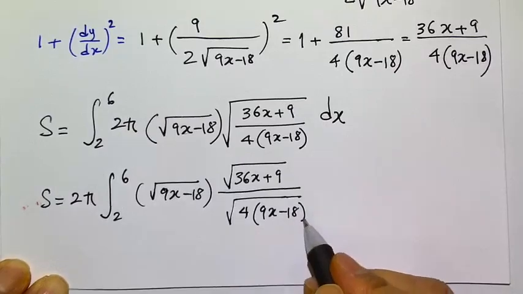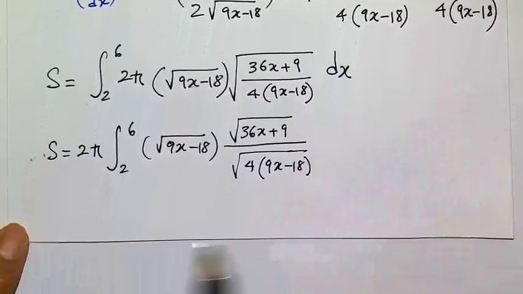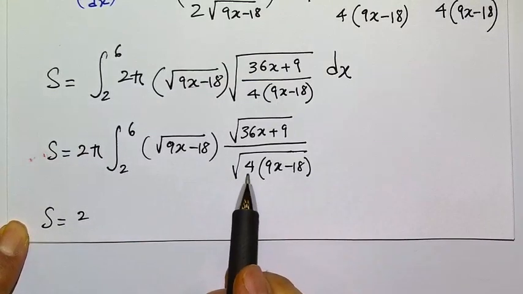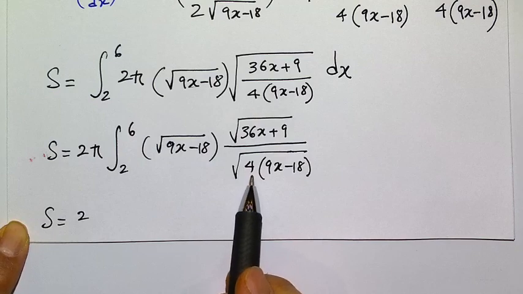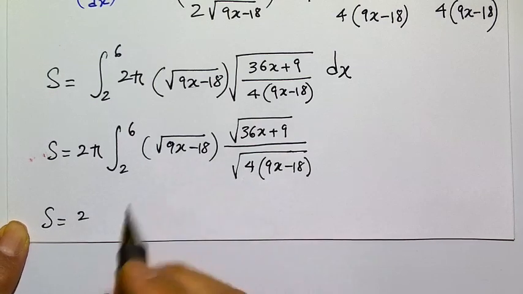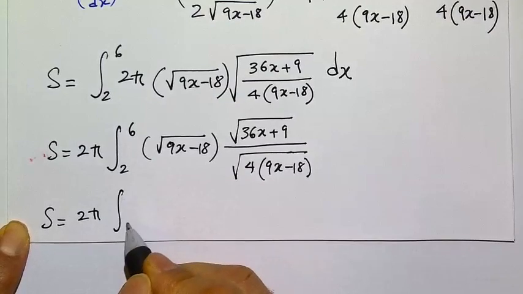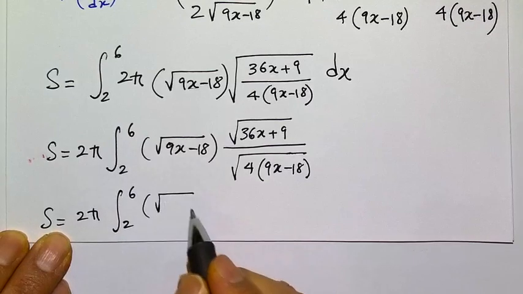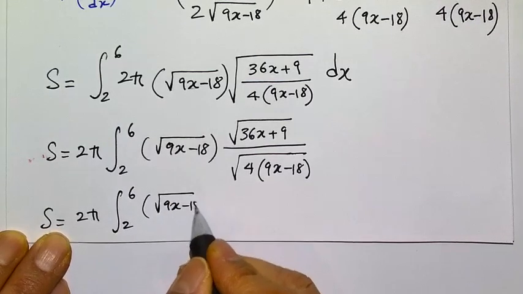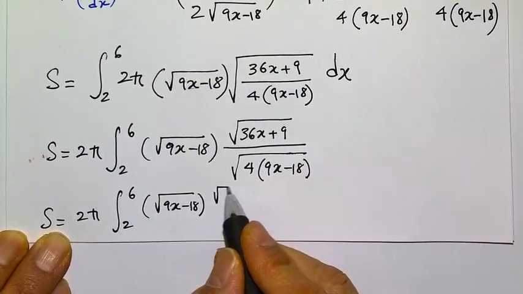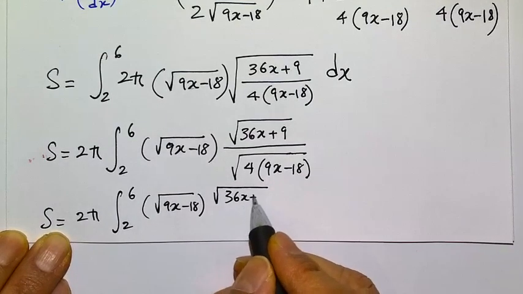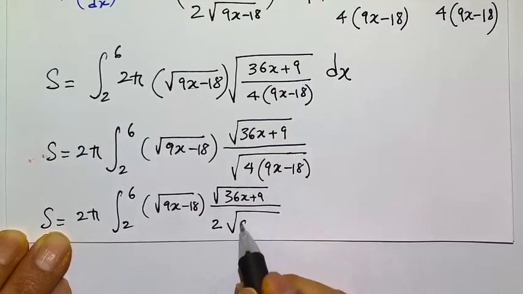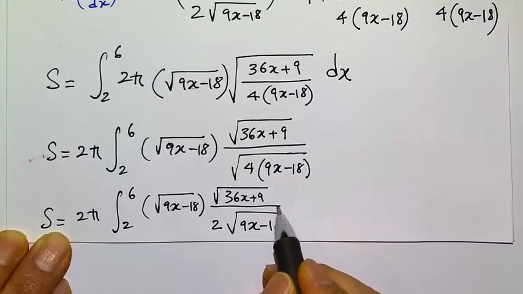Now if we simplify this, notice that we end up with just the 2. So we have 2 to 6 times square root of 36x plus 9 divided by 2 times square root of 9x minus 18.